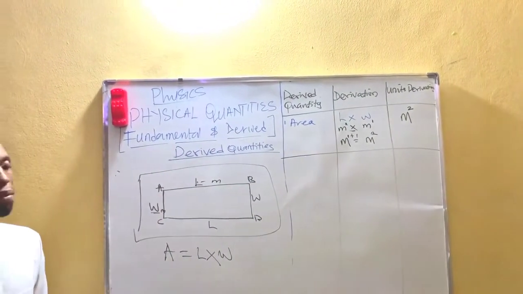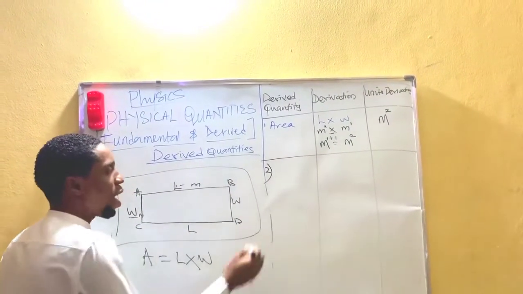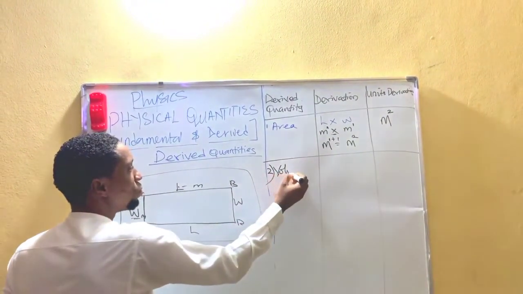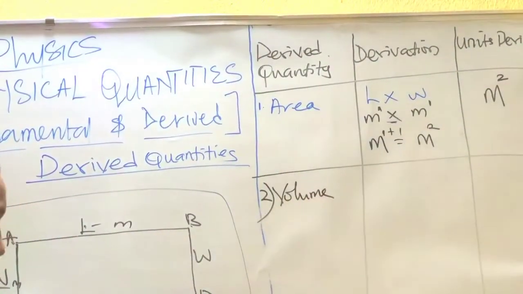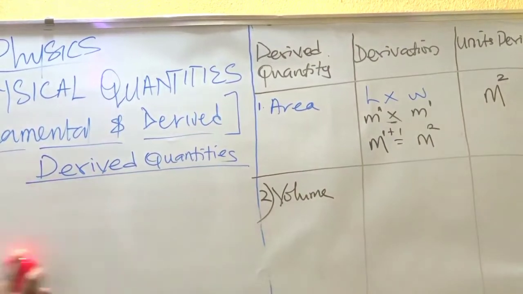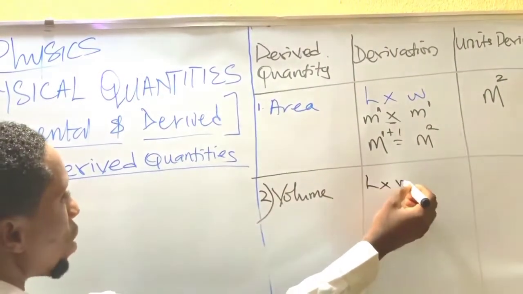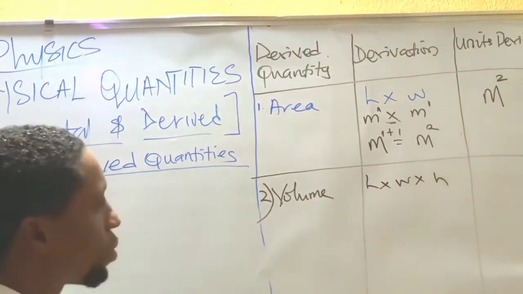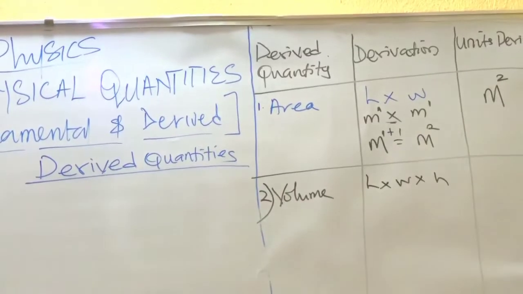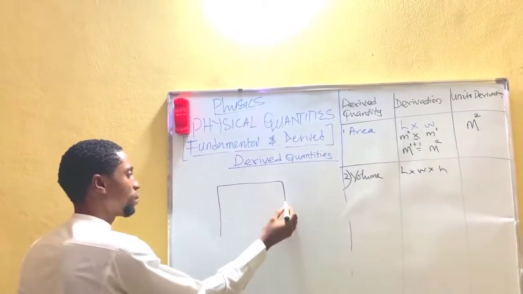Then number 2, we have what we call volume. Volume is length times width times height. So let's consider a rectangular solid.